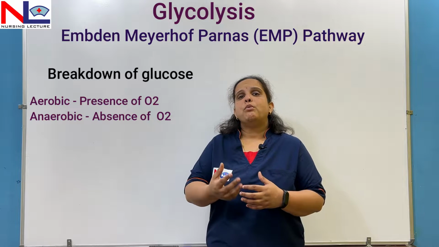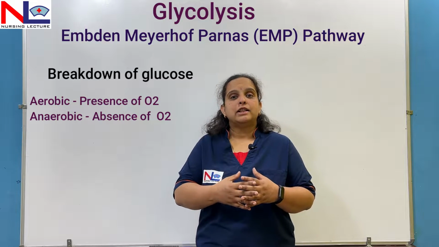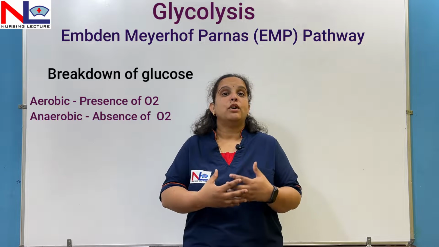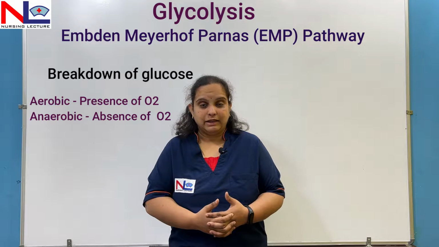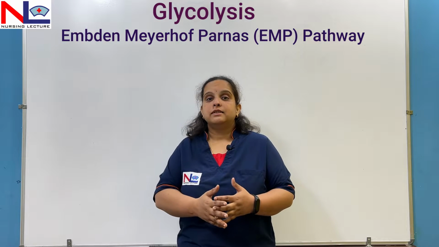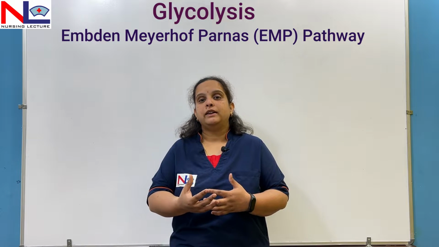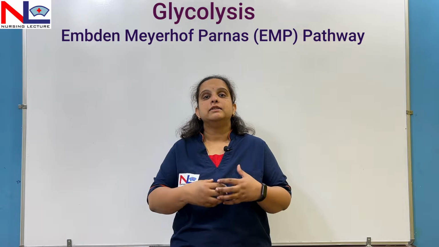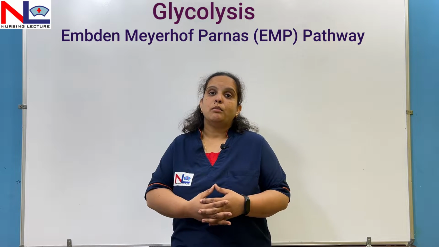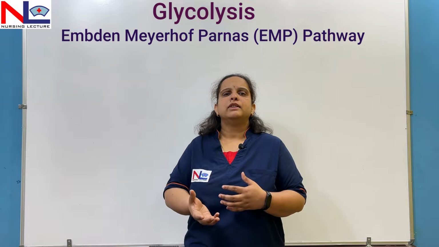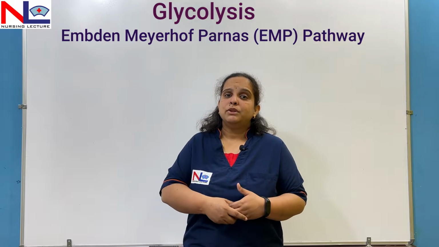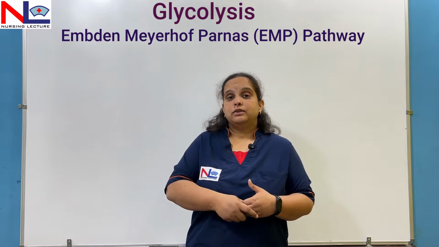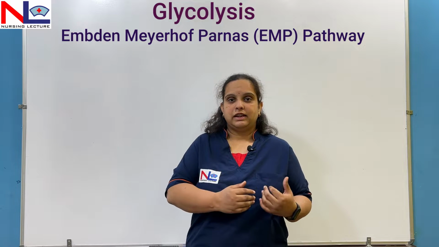So this is a very important pathway for our body because it provides energy to our cells in the form of ATP. Here we'll discuss how this pathway runs, what enzymes work upon it, how it releases energy in the form of ATP, and what hormones are responsible for its inhibition and activation. That regulation we'll also see here.